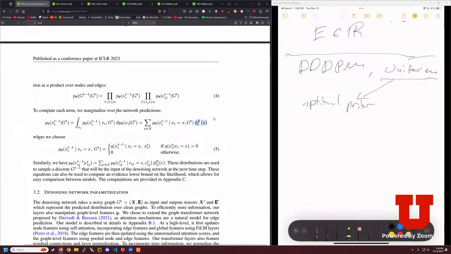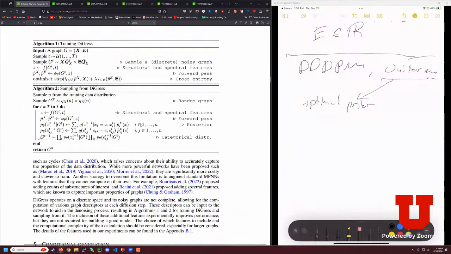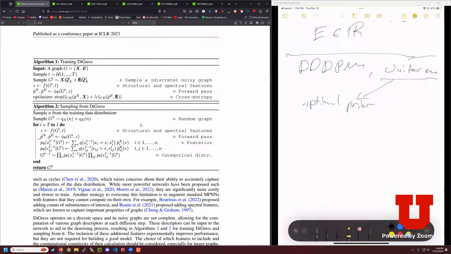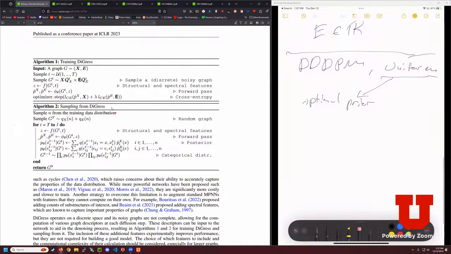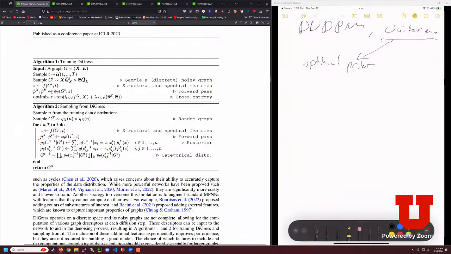So can we go to algorithm 1 again? Okay, every time it's based on G_{t-1}. I'm a little bit confused. How can we say the sampling procedure is kind of the reverse procedure of the training?